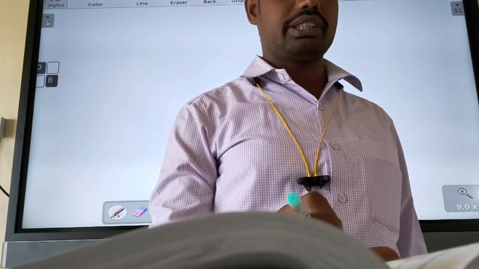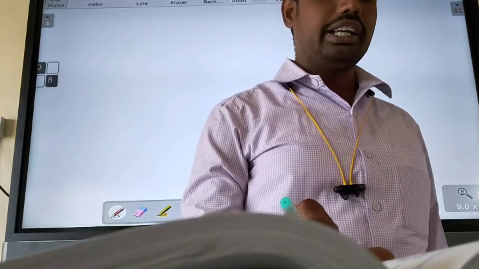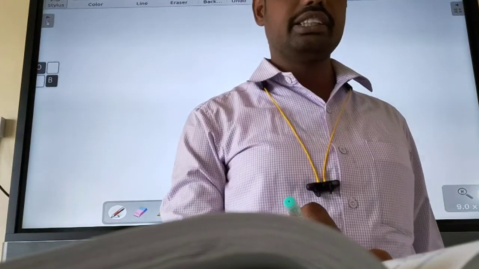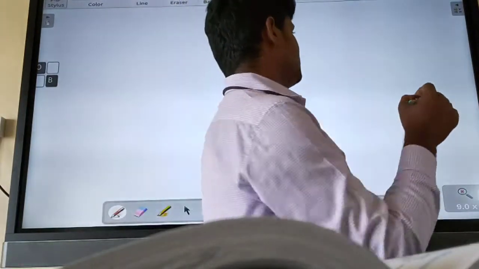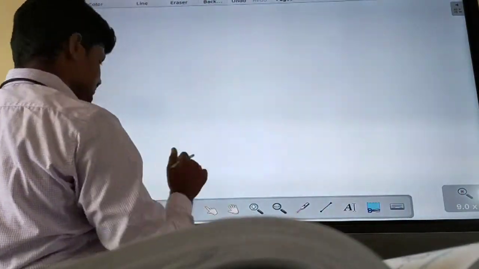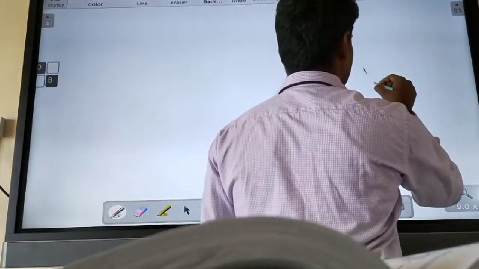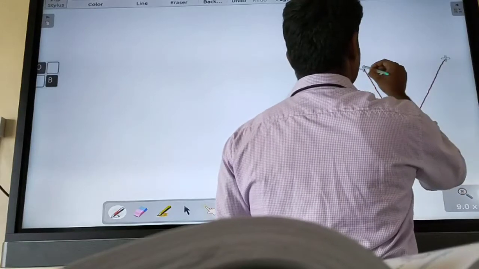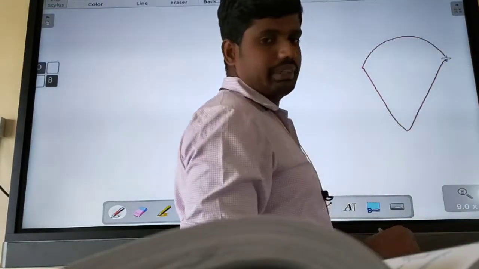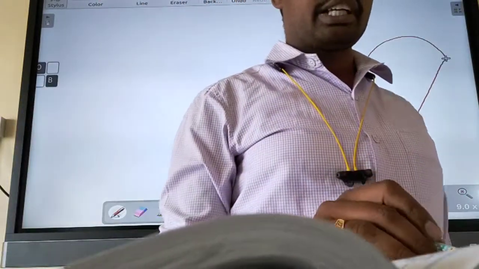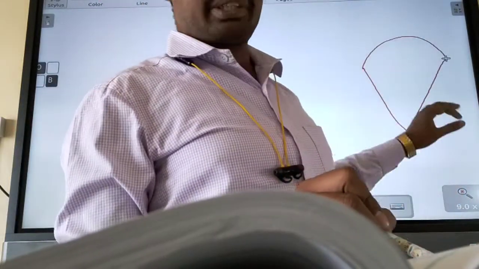Find the total surface area of the toy. Cone and hemisphere. See, children, this is the cone mounted on a hemisphere shape. This is the figure.